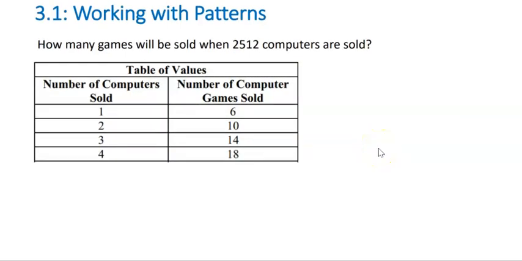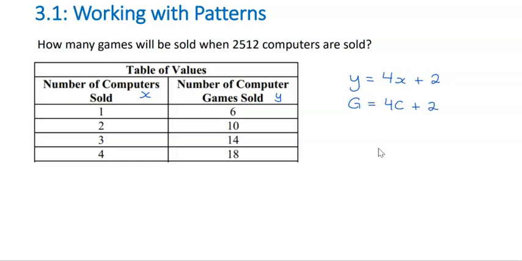So let's solve now. How many games are sold when 2,512 computers are sold? Y is equal to 4x plus 2. Well, we could say the games, which is our y, is equal to 4 times the number of computers we have, plus 2.